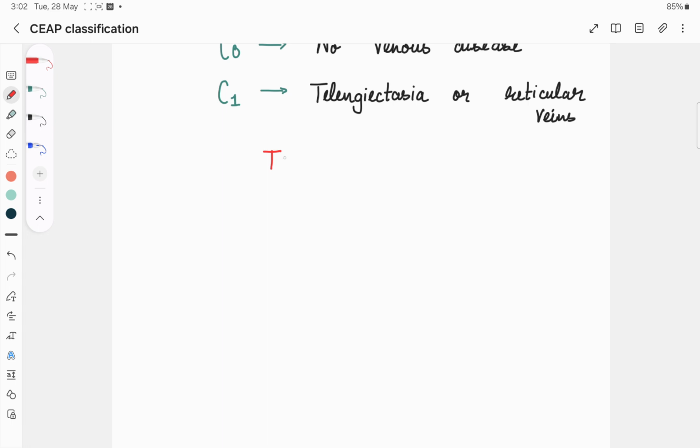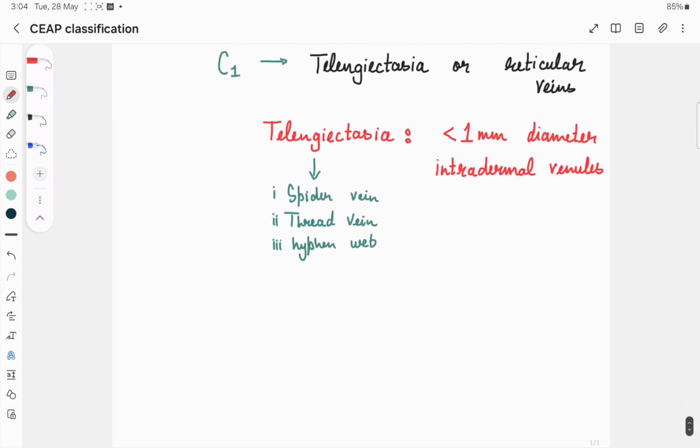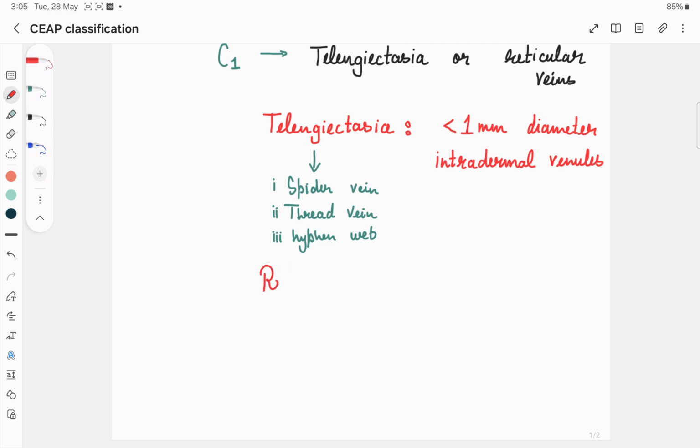So now what exactly is telangiectasia? Telangiectasia is less than 1 mm diameter intradermal venules, and they are also known as spider veins, thread veins, and hyphen webs.